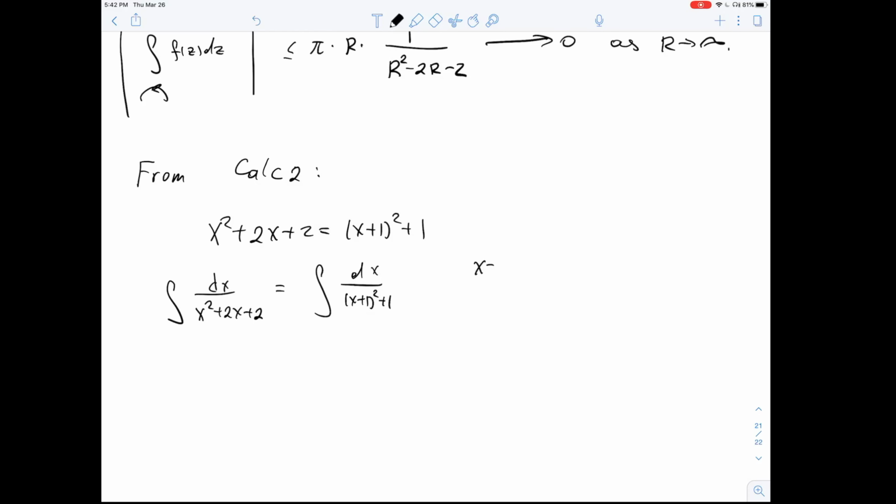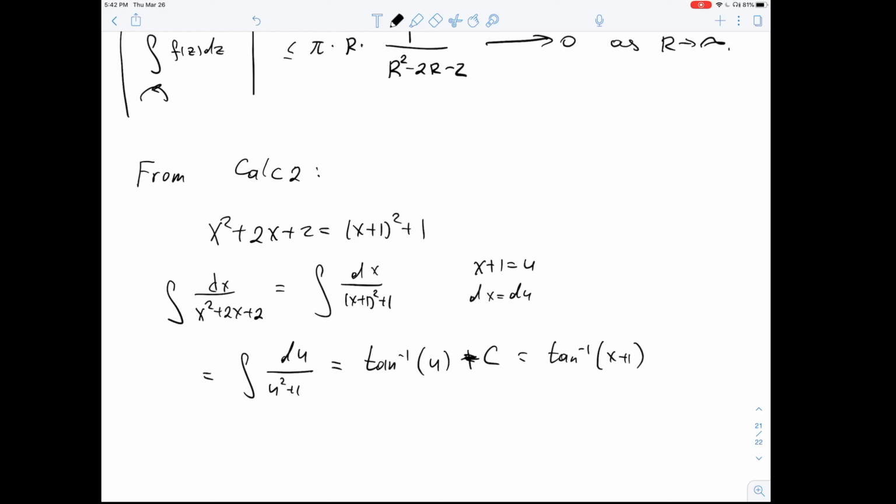Now I will make a u substitution. X plus 1 is equal to u. Dx is equal to du. So this is integral of du divided by u squared plus 1. This is tangent inverse. And u is x plus 1 plus c. C is not a contour now.